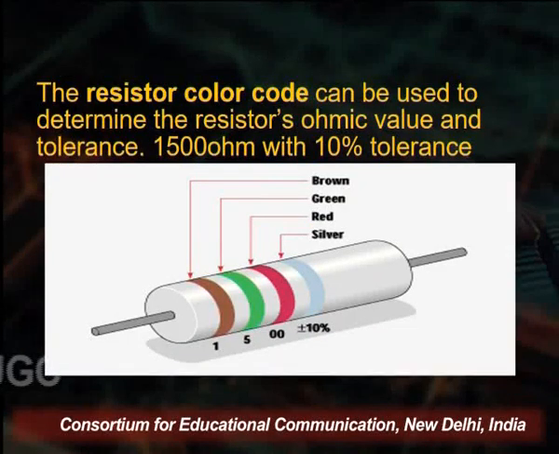So, the resistor color code can be used to determine the resistor's ohmic value and the tolerance. Here is an example on the screen: 1500 ohms with 10% tolerance.